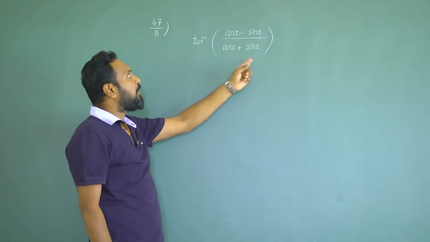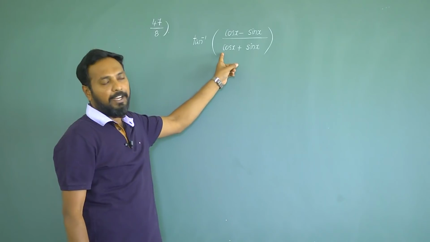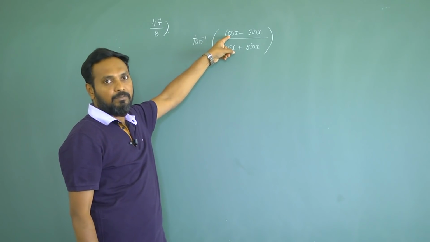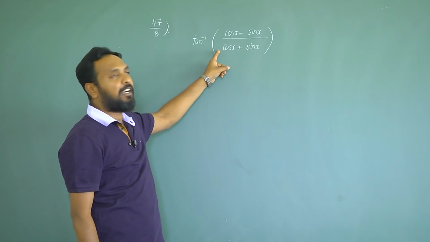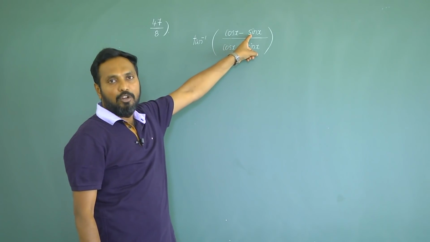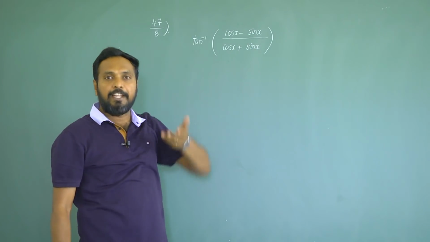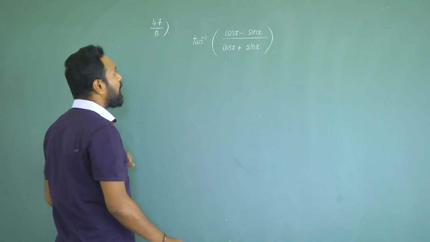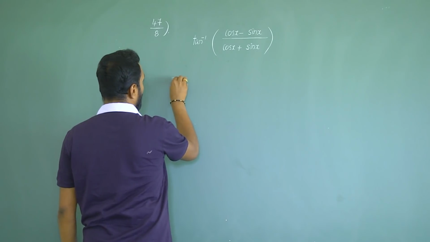If you observe, if I take sin x common from both numerator and denominator, you will get cos by sin, which is cot. But if I take cos common from both numerator and denominator, then you will get sin x by cos x, which is a tan x function. So what we need to take common to get it in terms of tan is cos.